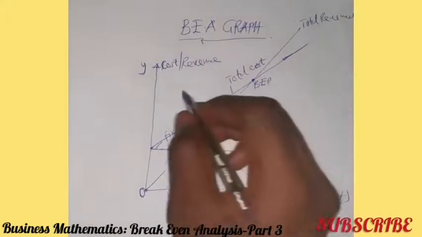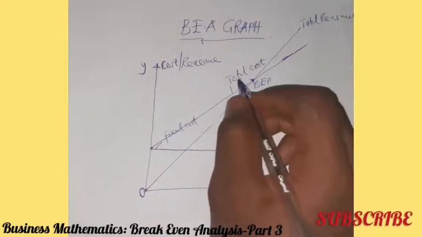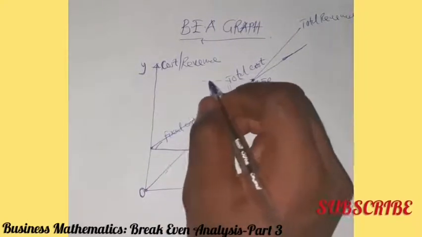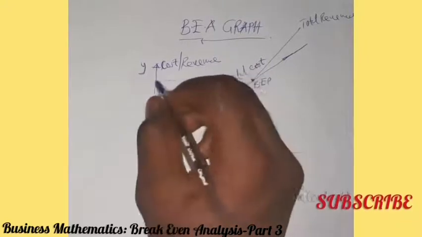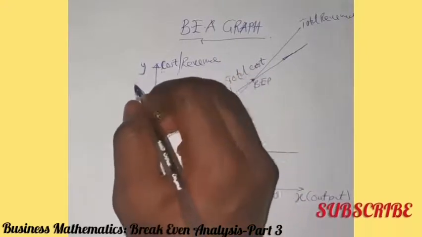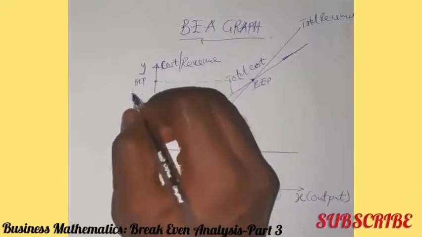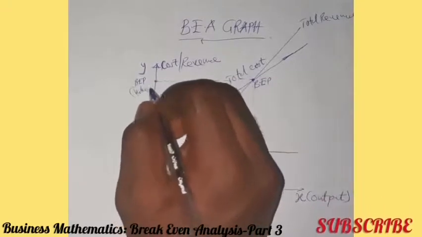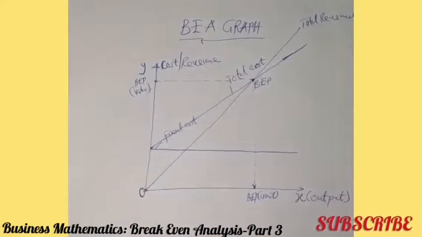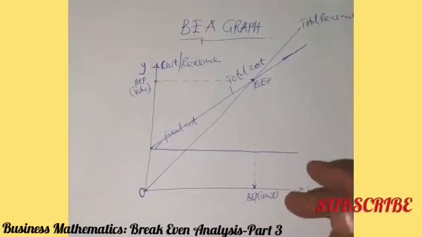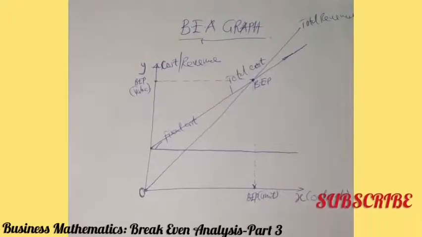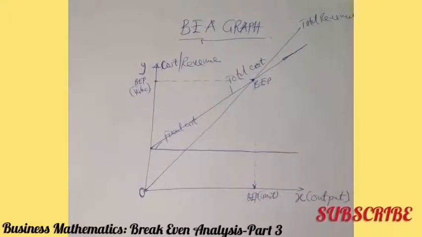And once I also trace the same thing from the break-even point to the cost or the revenue, we can also call this the break-even point in terms of value. So when you are given a graph presentation, you can determine your break-even point in terms of value and in terms of units, even without being given the figures. So that is an aspect.